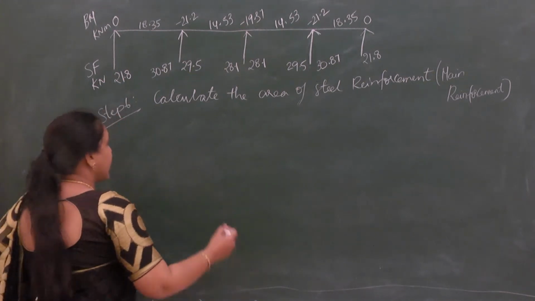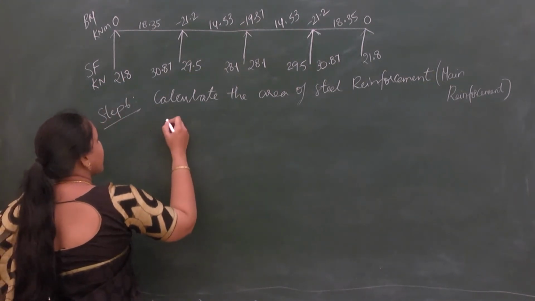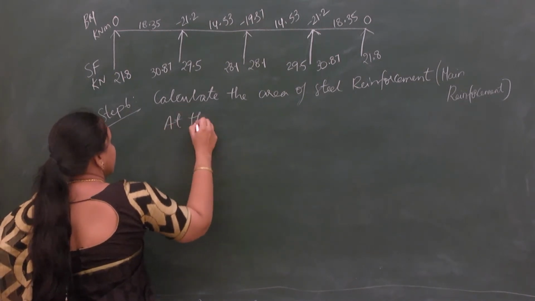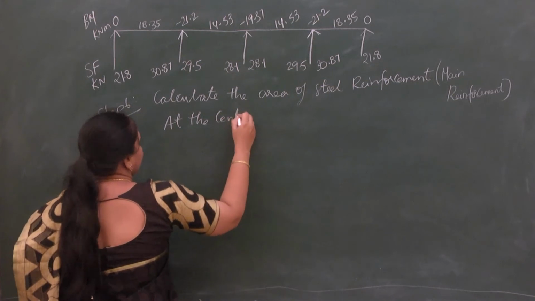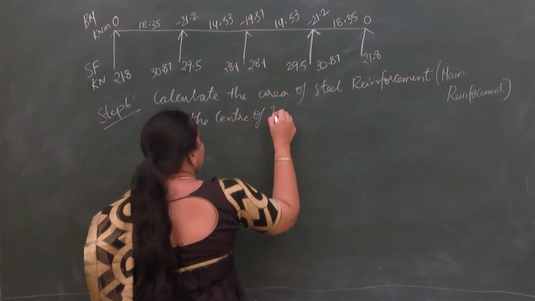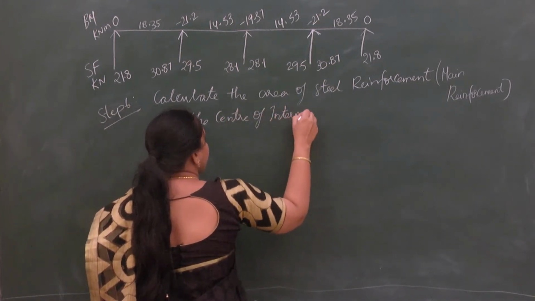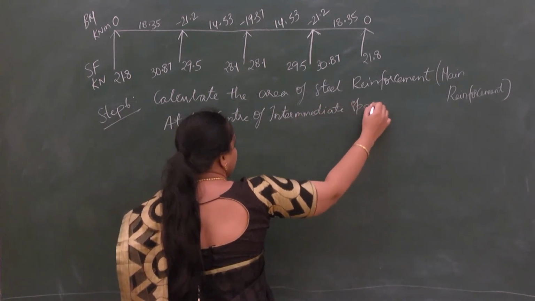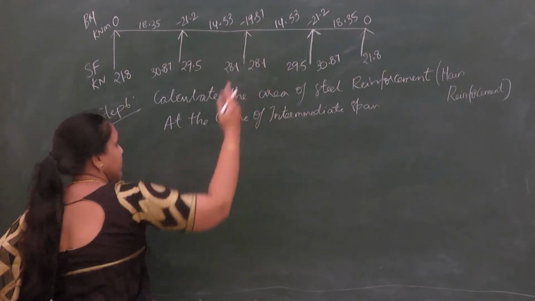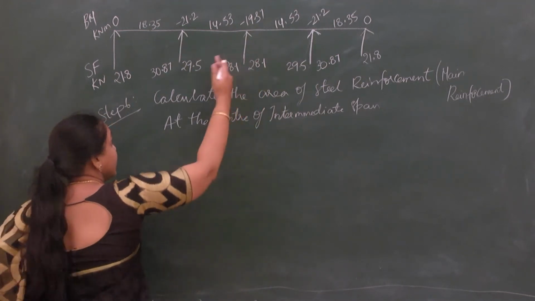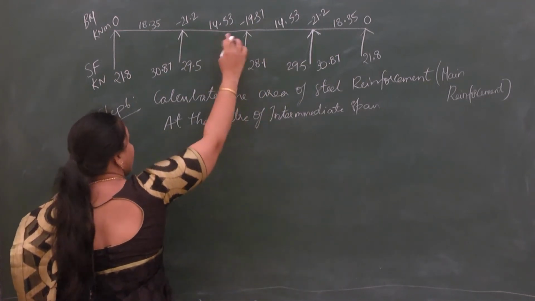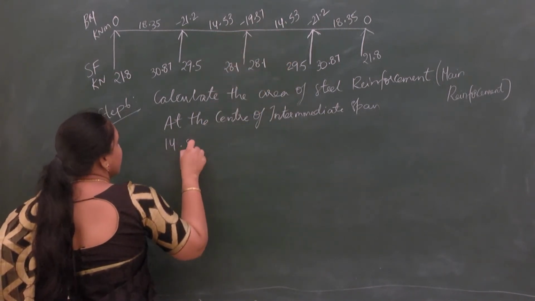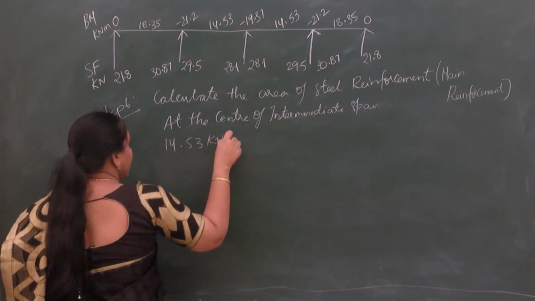Now let us calculate the area of steel required for the bending moment at the center of the intermediate span. So these are our intermediate spans. At the intermediate spans, at the center, what is the bending moment? It is 14.53 kilonewton meter.